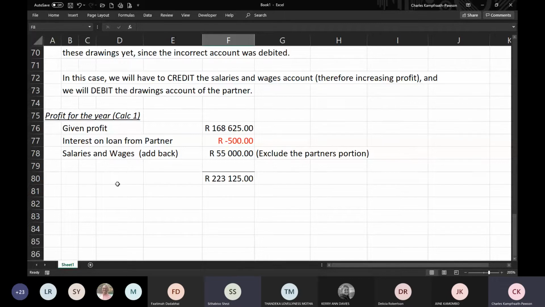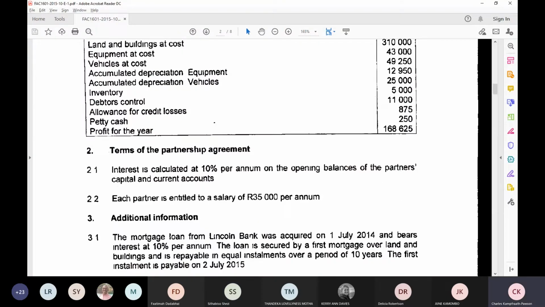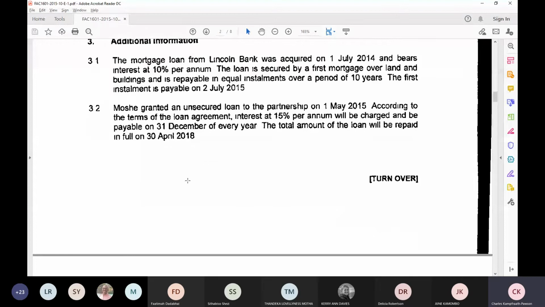Okay. So remember, if you go back to the question. First, let me ask you this question. Salaries to partners. Is it an expense or not? Yes, it is an expense. No, it isn't.